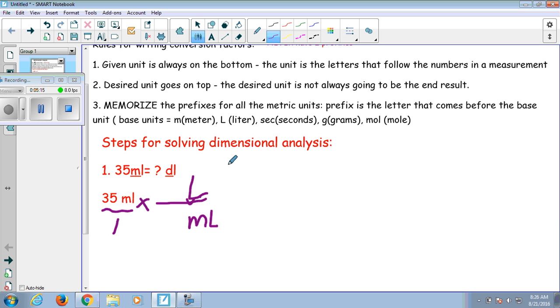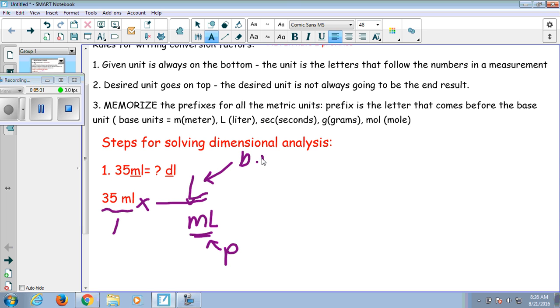So liters here is my base unit, and milli is my prefix.